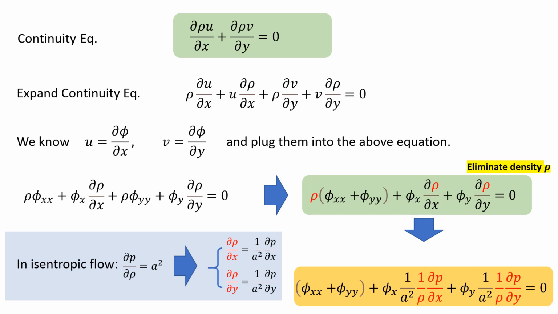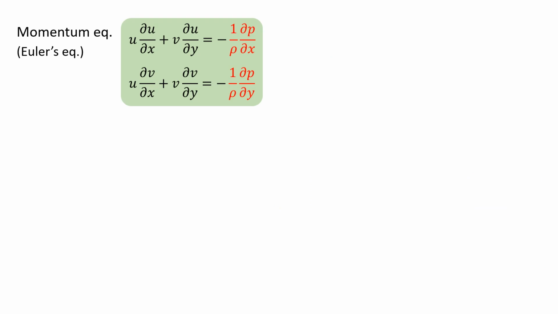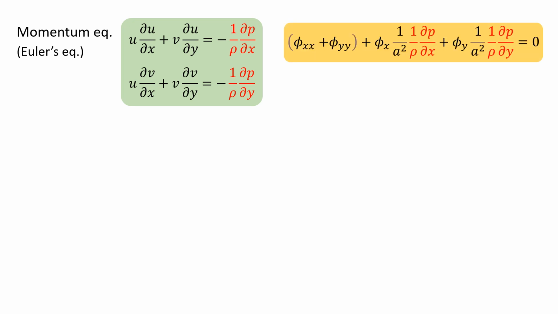We haven't used the Euler's equation, and perhaps that can contribute here. Now we have the momentum equation, and luckily on the right hand side we have exactly the same thing as what we got in the continuity velocity potential equation. So now we just plug the momentum equation into the continuity equation.